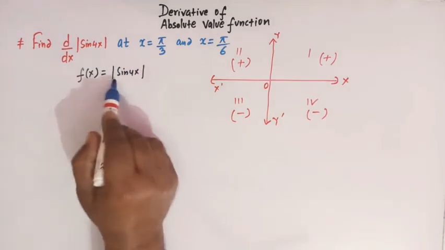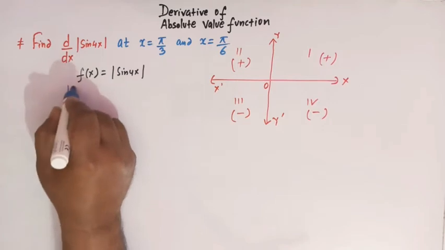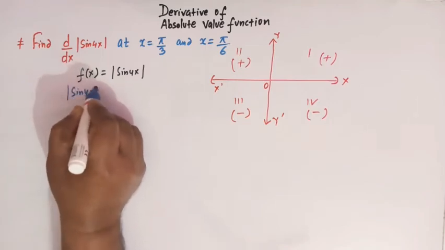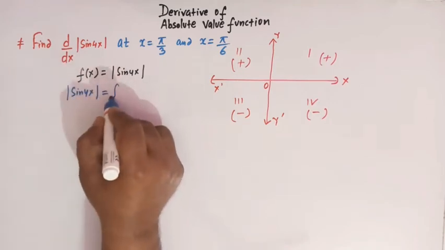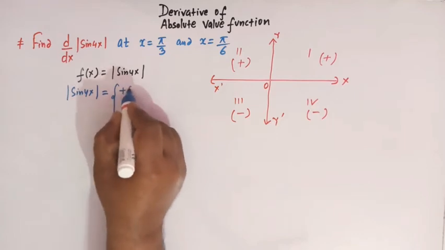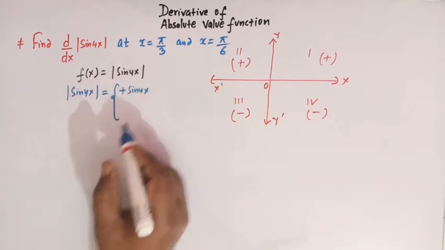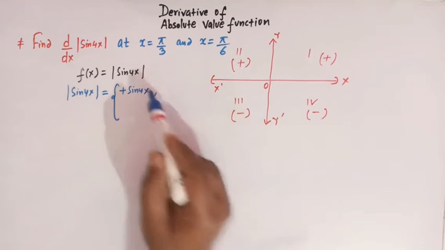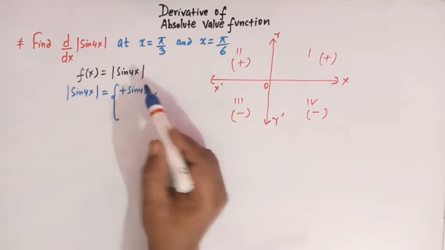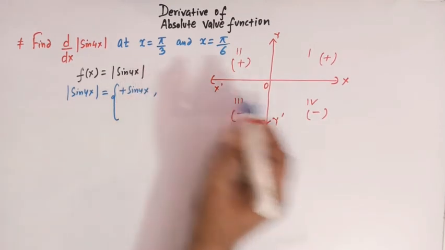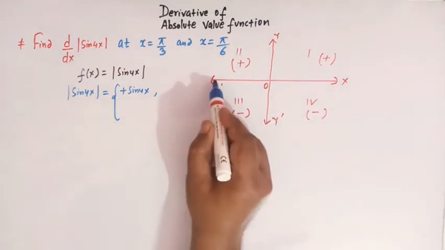So mod of sin 4x can be written as plus sin 4x whenever this angle 4x lies between 0 and pi.